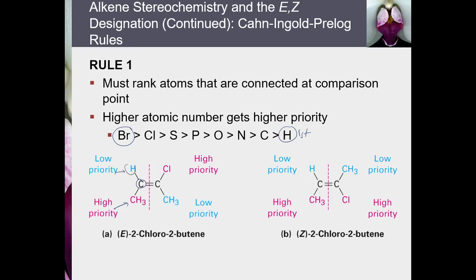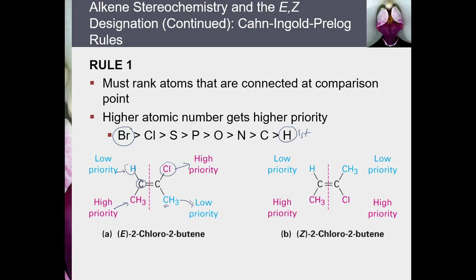Then here, in this part, you have Cl versus the CH3. Now, yung i-compare natin is Cl versus CH3. So, Cl is higher priority. Mas mataas yung atomic number niya than your C. So that's why the Cl here is a high priority and the CH3 is the lower priority. Now you compare the positions of your high ranking priority groups.